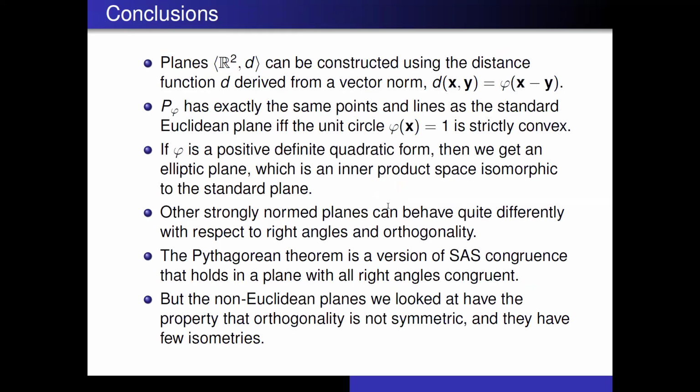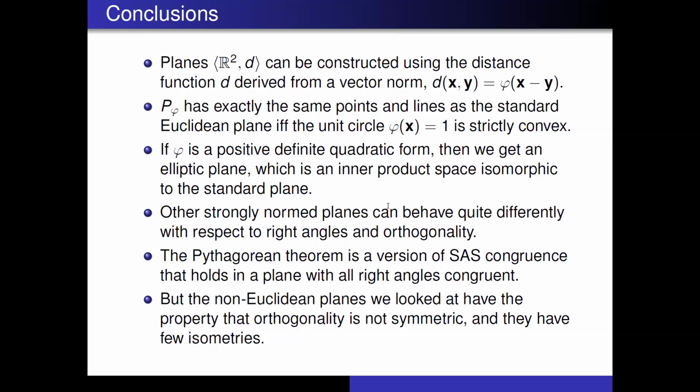So the basic conclusion is that if you're given a strong vector norm, you can construct a plane where the straight lines are exactly the same as you're used to, y equals mx plus b and the vertical lines. If that norm is an elliptic norm, you get a Euclidean plane and all the axioms, and conversely.